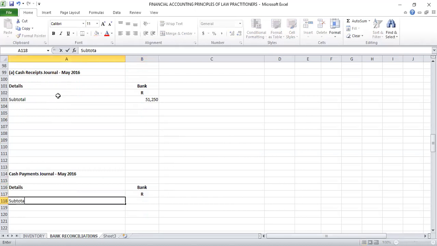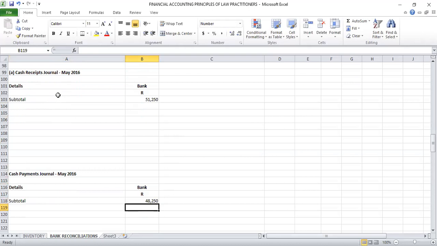Subtotal, 48250. So the totals will go as the subtotals.